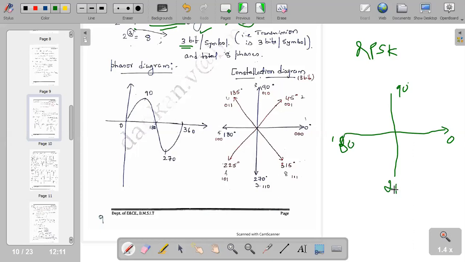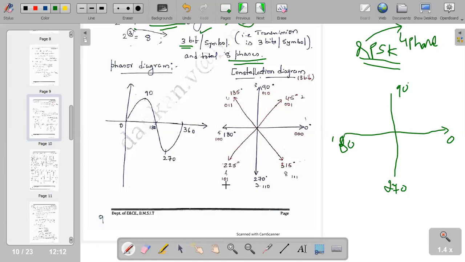These are the 4 angles we have used for the QPSK case, so that indicates a total of 4 phase angles. But in case of an 8 PSK system, we should have a total of 8 phase angles.